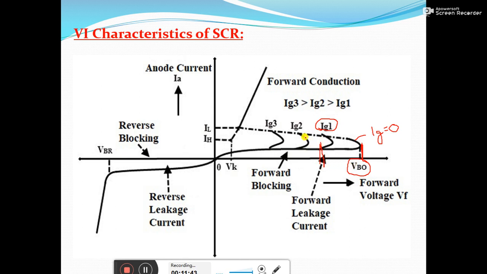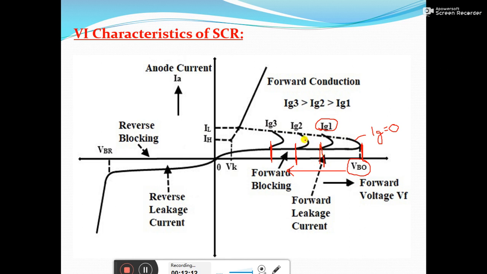If you increase the gate voltage further and it results in I_G2, the breakover occurs here only, with a higher value of gate current. The breakover is still achieved at an earlier stage. So with an increase in the gate current, or gate bias, the VBO is getting decreased.